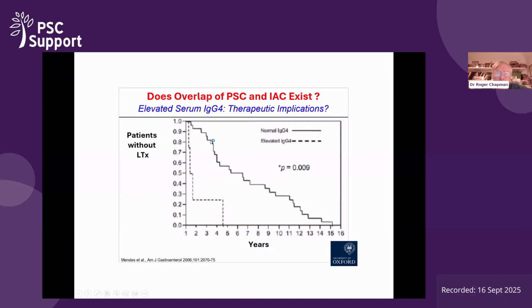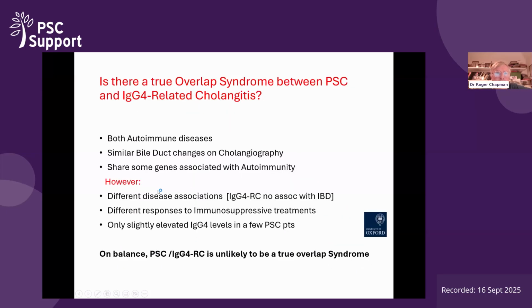Patients with PSC and a normal IgG4 will often eventually require liver transplantation, though not always. But patients who have slight elevations of IgG4, for reasons which aren't clear, have a worse prognosis. I know that's being investigated thoroughly at the present time in Oxford.